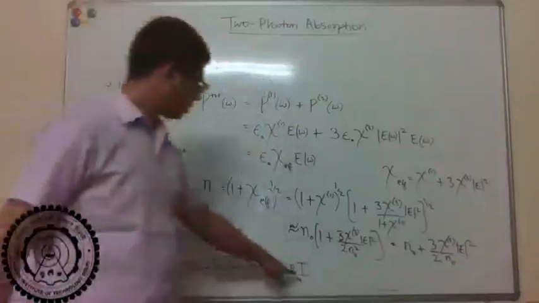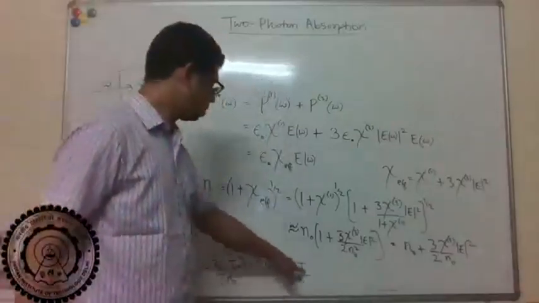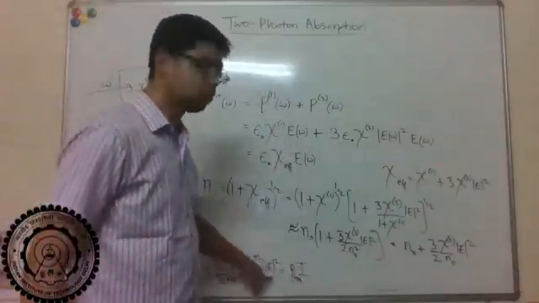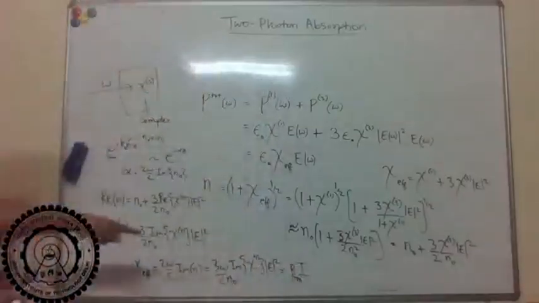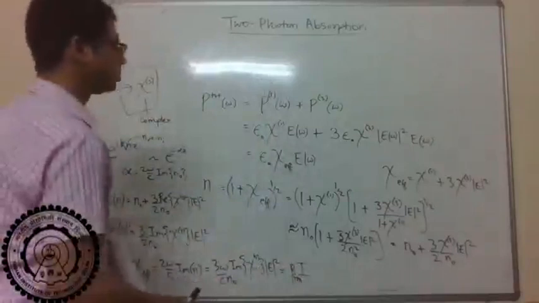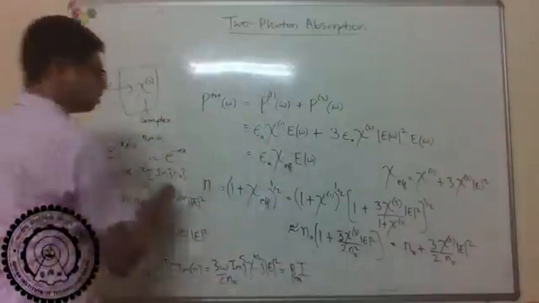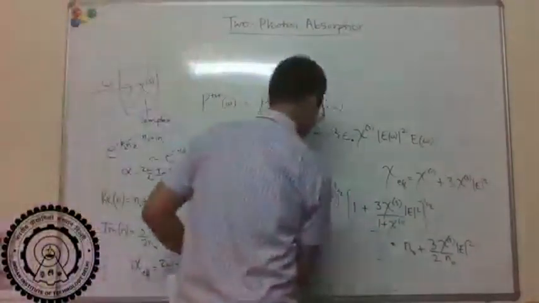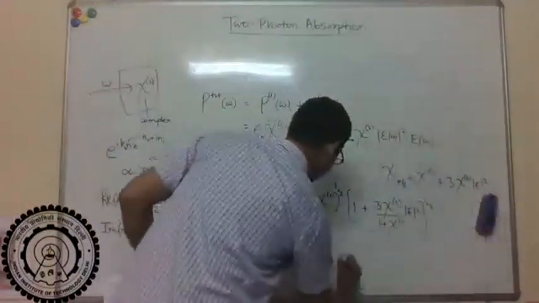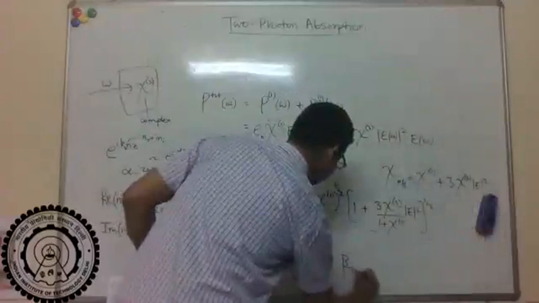Right? So I just use the relation of I is equal to again 2n c epsilon naught mod E square. Then from there you can see, right, so from here we'll get the two-photon absorption coefficient.